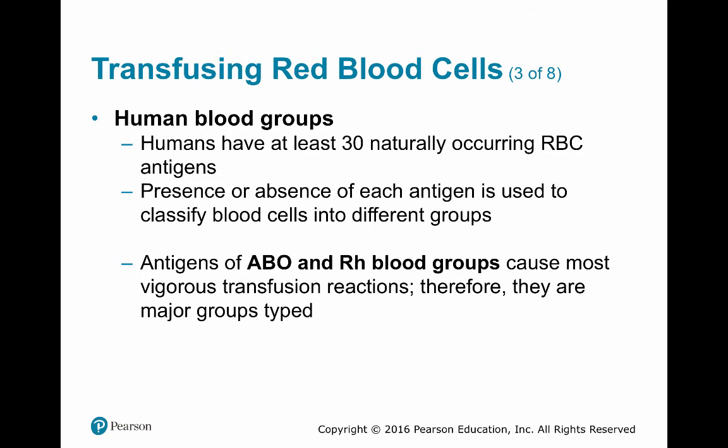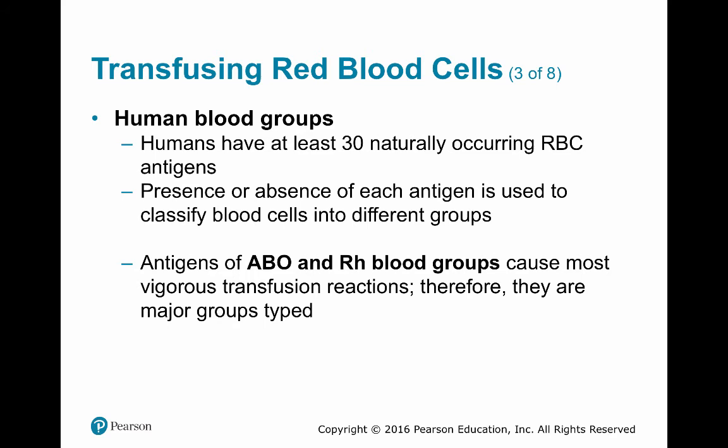So all of these red blood cell antigens are referred to as agglutinogens, because they can promote agglutination, which is the response of antibodies attacking that antigen site. And you have the ABO and the RH blood group.